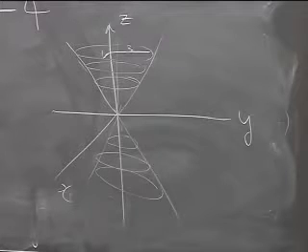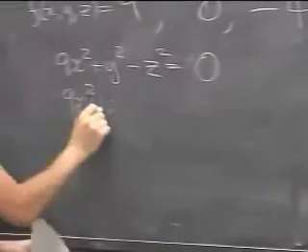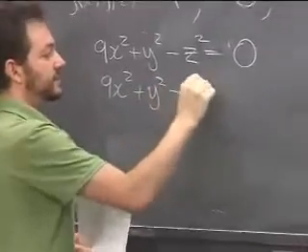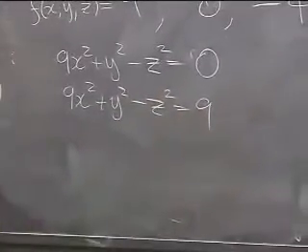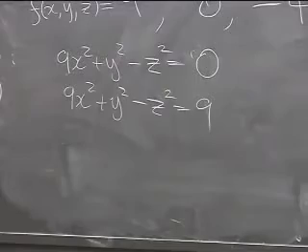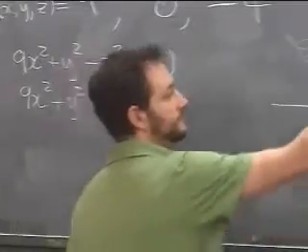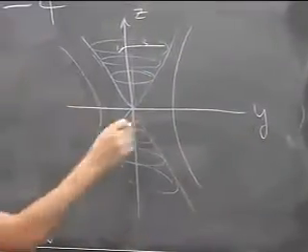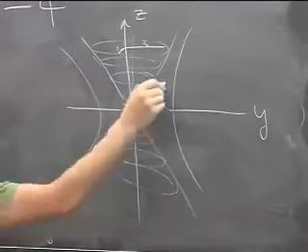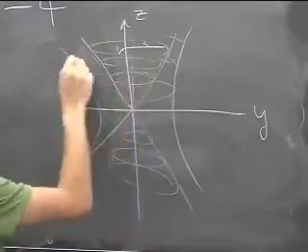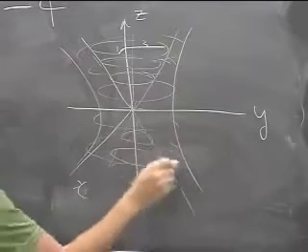How about 9? The level set will be 9x squared plus y squared minus z squared equals 9. Well, this is now a hyperboloid of 1 sheet. I'll leave it to you. We've already done the surfaces.